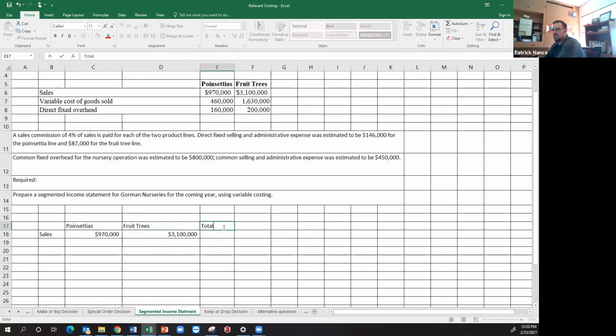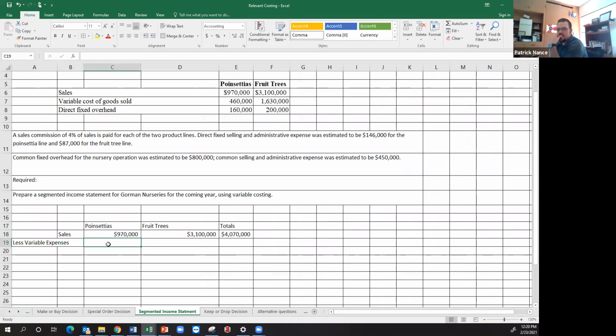I'm also going to do a totals column, because this is where I'm going to take out my common fixed expenses when I have them. Okay, so my total sales is $4 million. And then I'm going to take out my less variable expenses. My variable expenses include variable cost of goods sold.